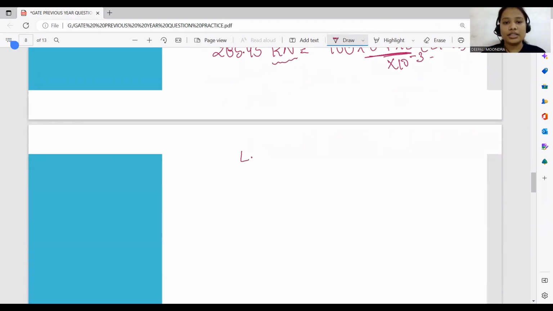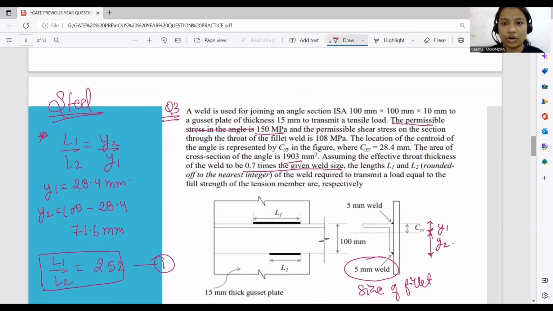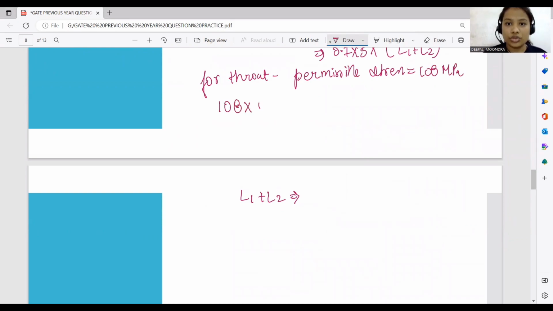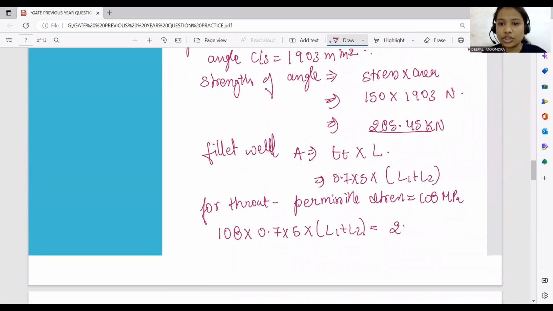Then for this L1 plus L2 value, the permissible shear stress on the section of the throat here is 108 MPa. So 108 into 0.7 into 5 into L1 plus L2 will give me the strength, which has already been calculated, that is 285.45 into 10 to the power 3 Newton.